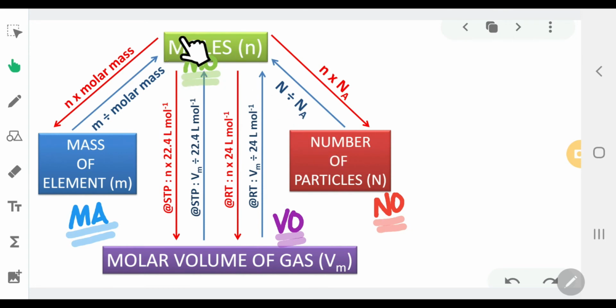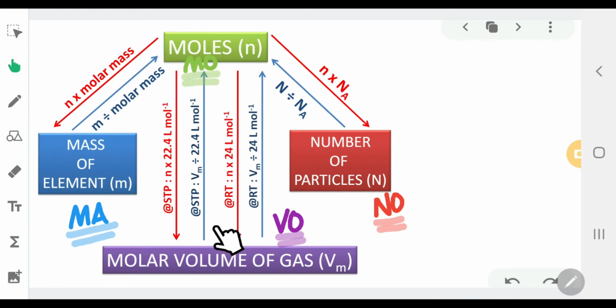Remember, when you go out, you times. When you go back to moles, you divide. You go out to mass by times with molar mass. From moles to number of particles, you times with the Avogadro's constant. And to go back, you still use the same variables.